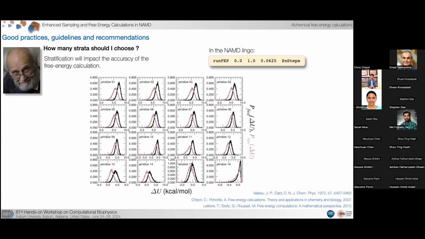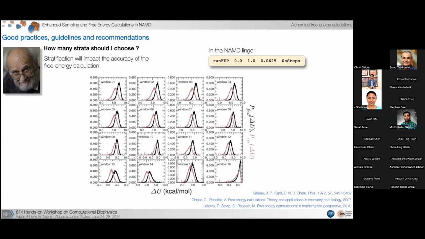It's not perfect, I agree. Usually the first windows are the culprits. And there's a reason for that, because in the first window, this is when you make the alternate topology appear in the solvent.